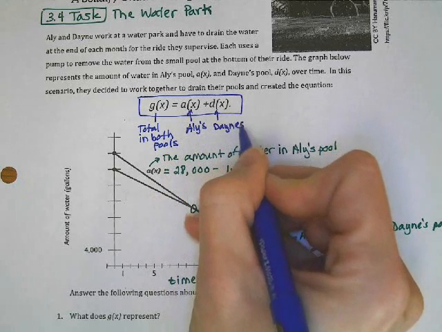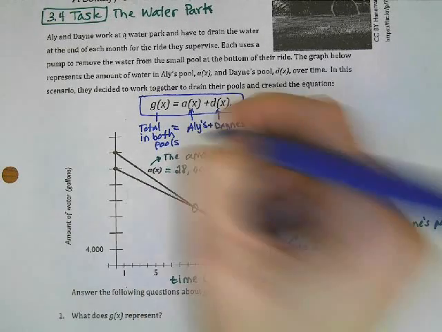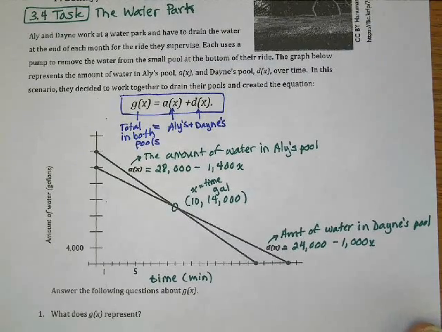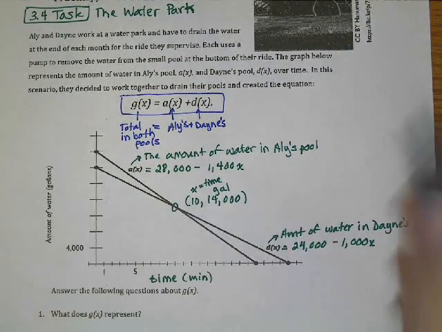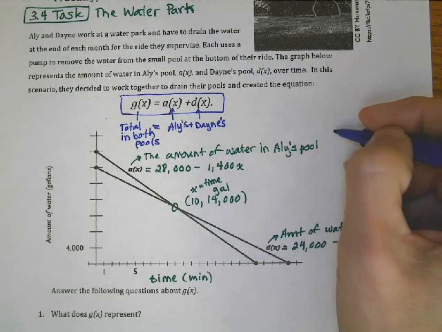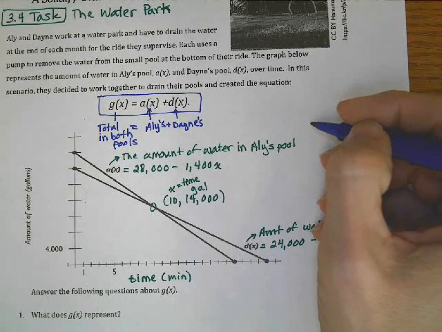So one of the suggestions I made was that you may want to actually make a table to represent this, to help you figure out what this new graph is going to look like, which is what they're asking you to do on question number 2. So I made a suggestion of making a table that involves x.